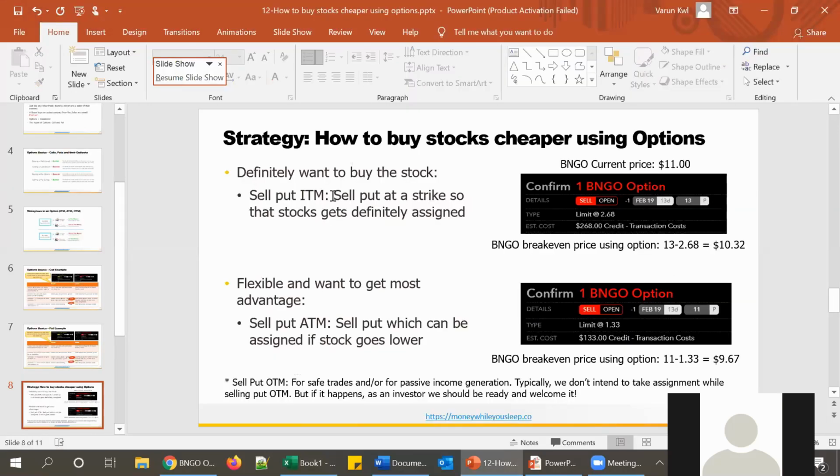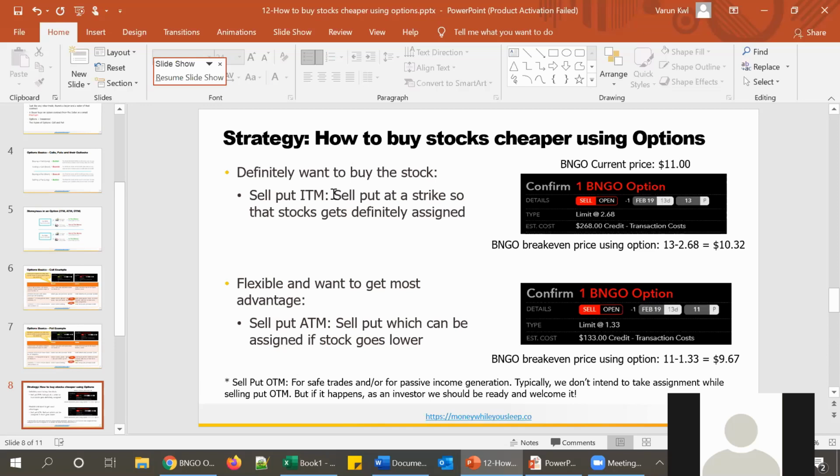Now, this is one way of doing it, where you definitely want to buy the stock. The other option is that you are very flexible about it and you want to get the most advantage of the situation. If you get these stocks, you are okay, and if you don't get these stocks, you are also okay with that, right? You just want to get the maximum benefit out of the situation, which is mostly the case.